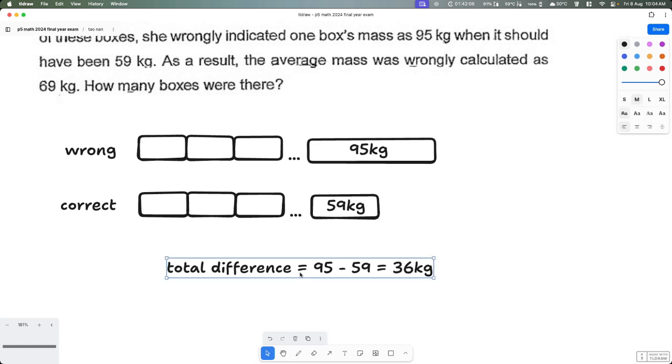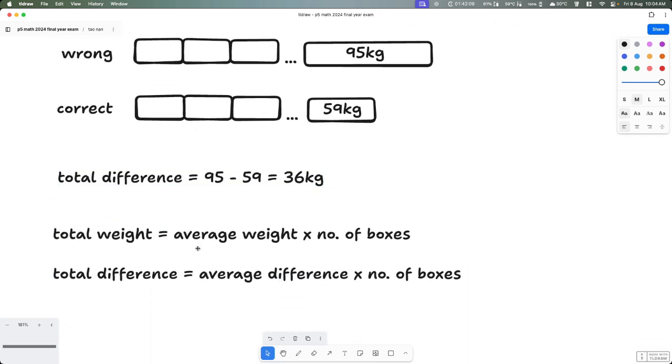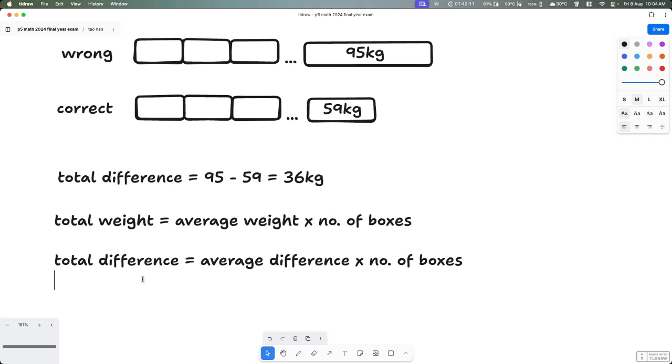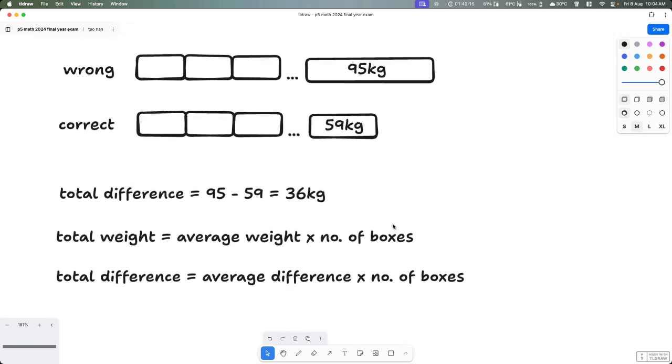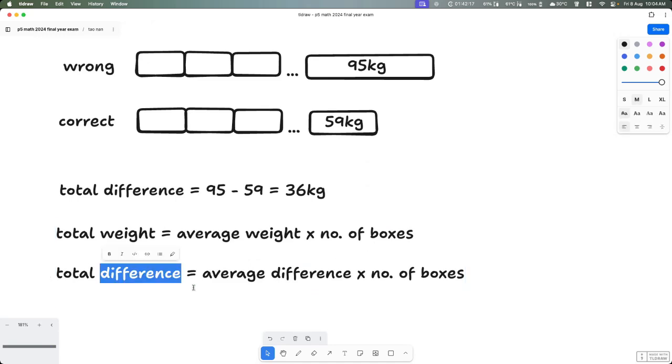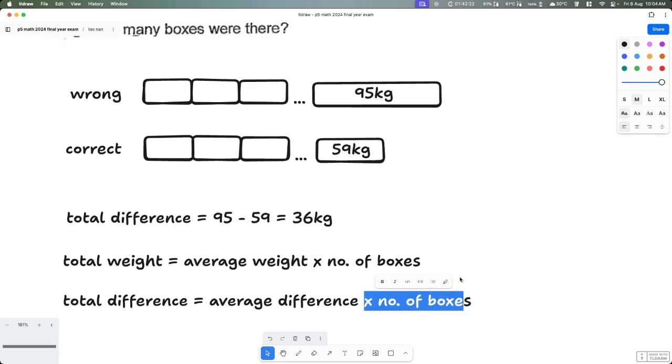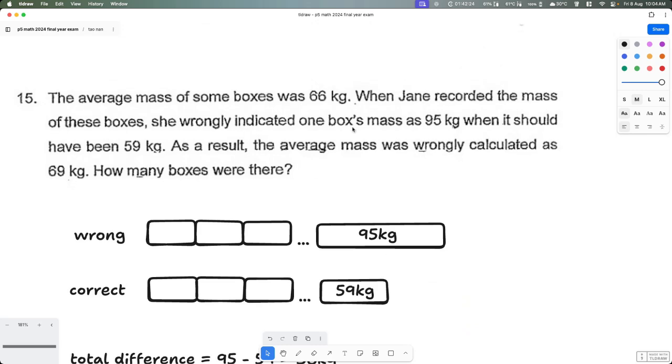I also want to share that total weight is equal to average weight times number of boxes. Makes sense, right? So that means the total difference is equal to the average difference times number of boxes. Do we know the average difference? Yes, we can.